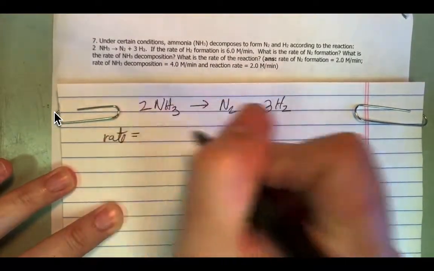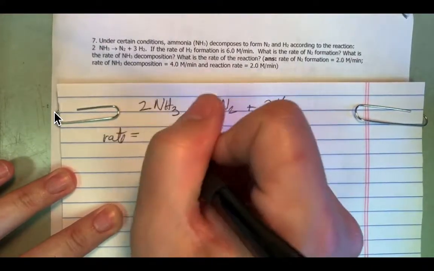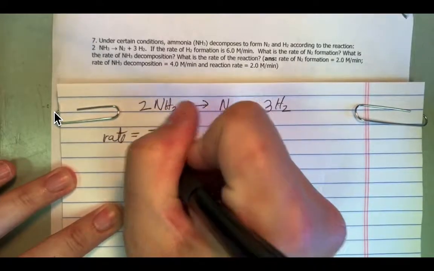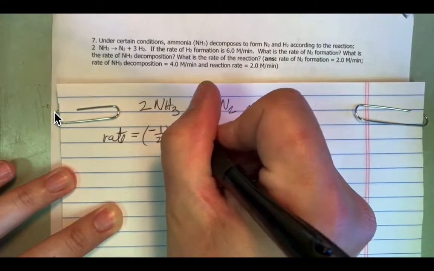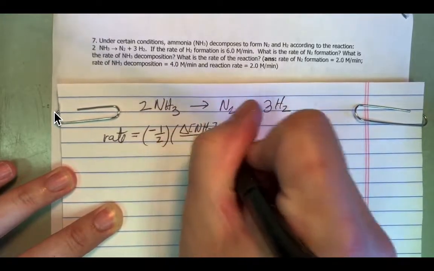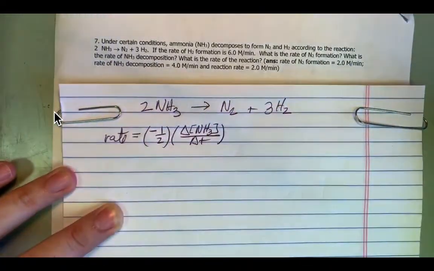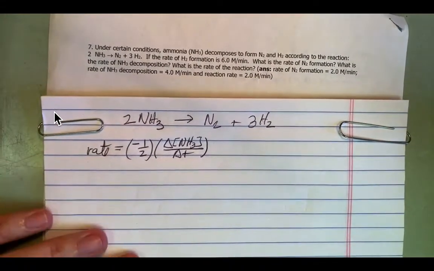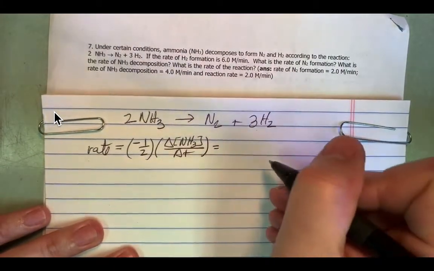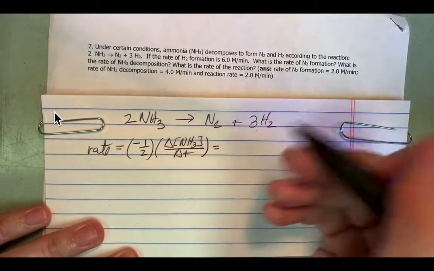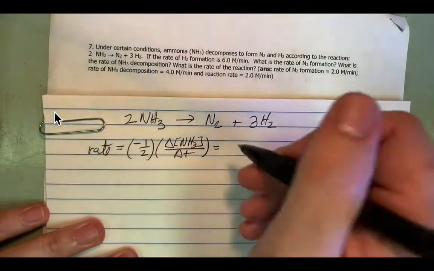Rate is equal to, and for any reactant, it's a minus sign, minus 1/2 the change in NH3 over the change in time. Okay, the minus 1/2 because it's the reactant, and the reactant is being depleted. And then for every product, we can say that this is 1/1, or we can say that it's 1, or we don't have to put anything.